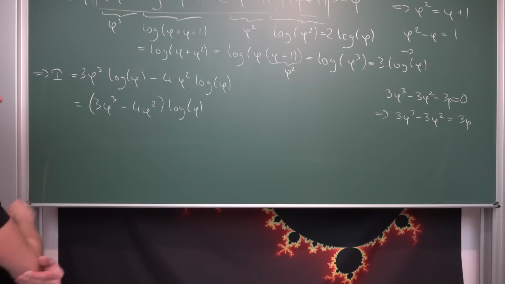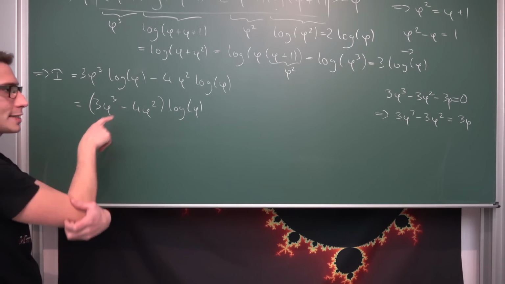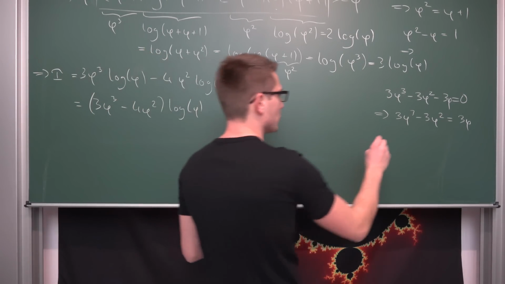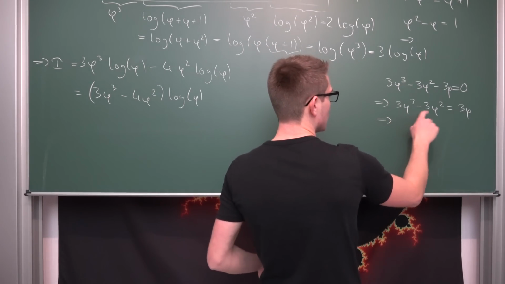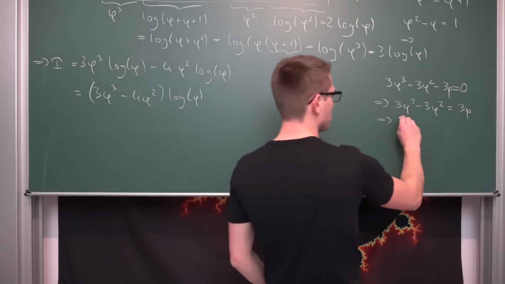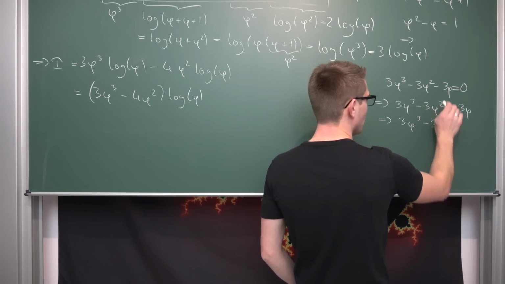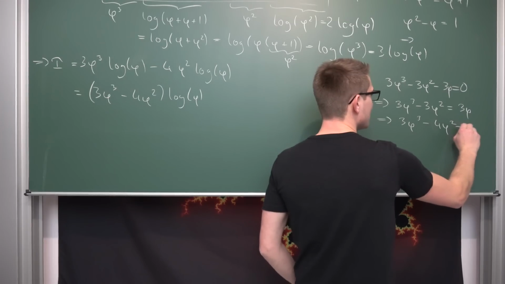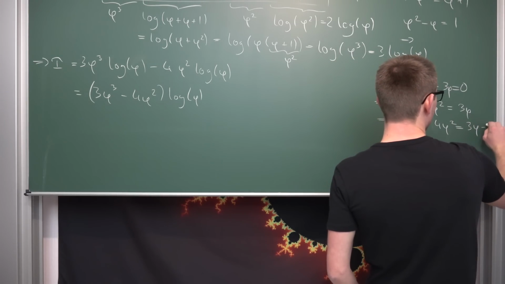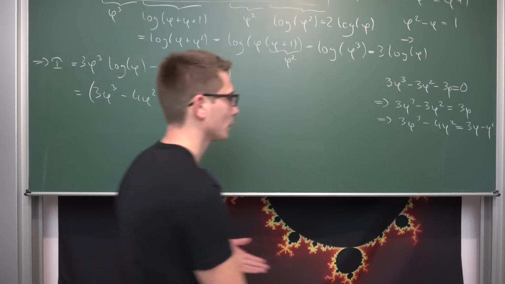And then what we can do, we need negative 4φ squared here. We need to subtract φ squared on both sides. Maybe that works. Negative 4φ squared is hence nothing but 3φ minus φ squared.